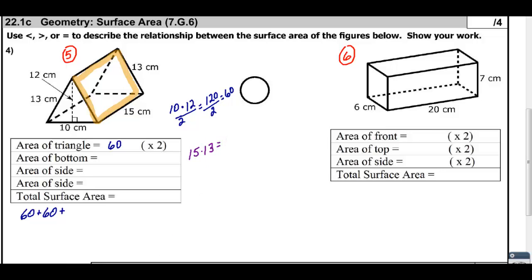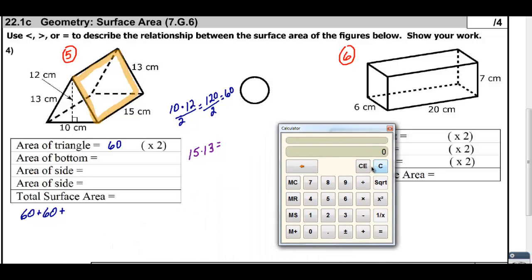We are not dividing by 2 because we are not looking at a triangle. We're looking at a rectangle, and the area of a rectangle is base times height, or length times width, however you want to say it. You'll hear it said different ways. 15 times 13, we get 195. So that's the area of a side.